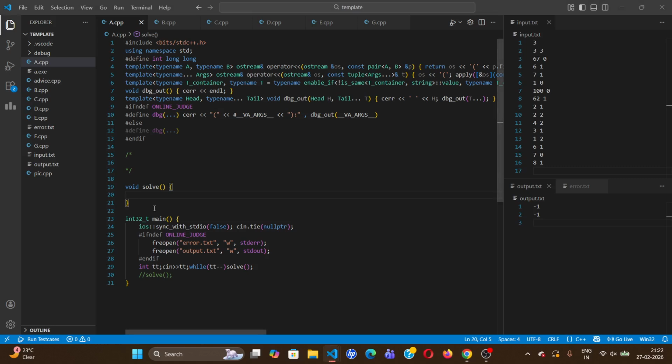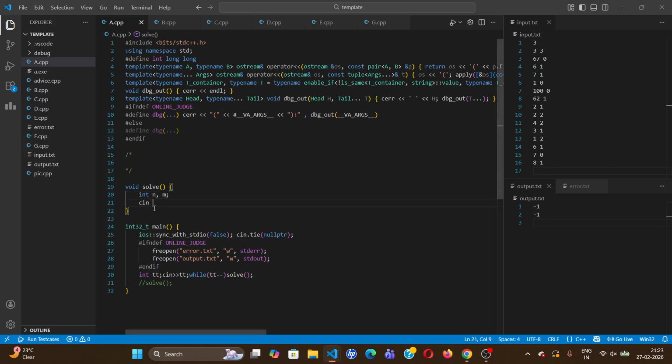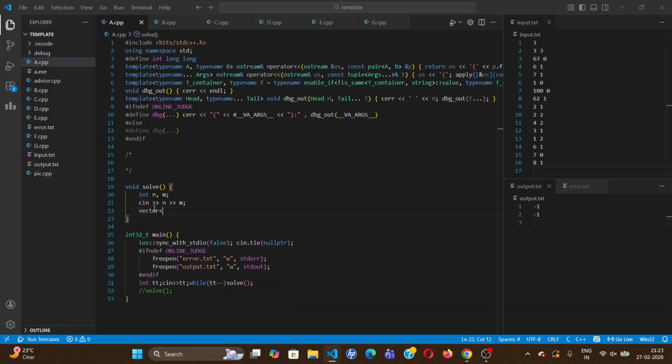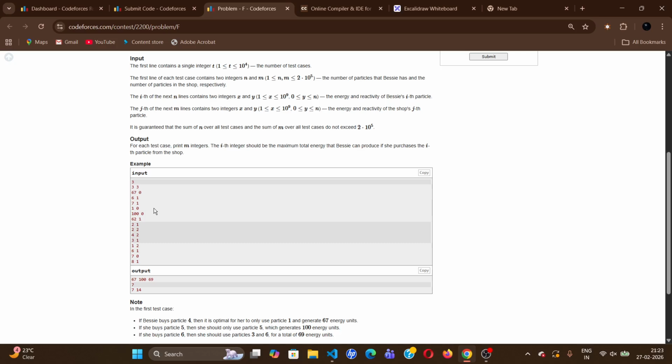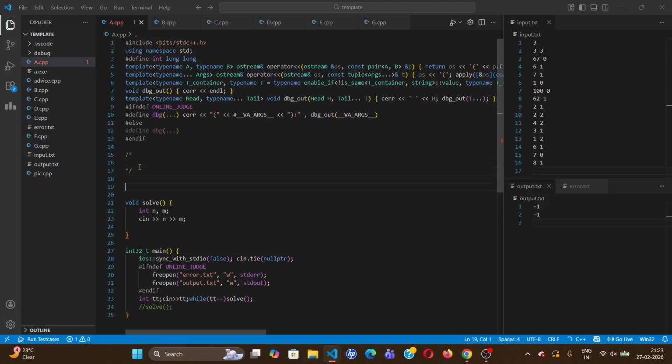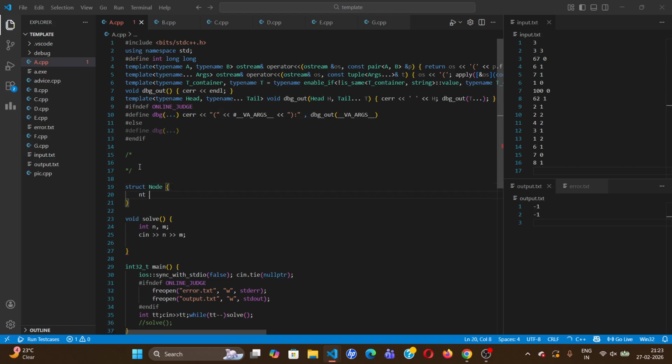In M, now okay, we'll make a struct, I think. The minimum value and total value.